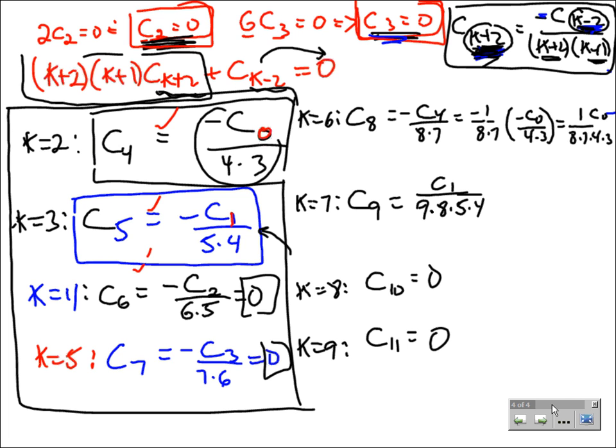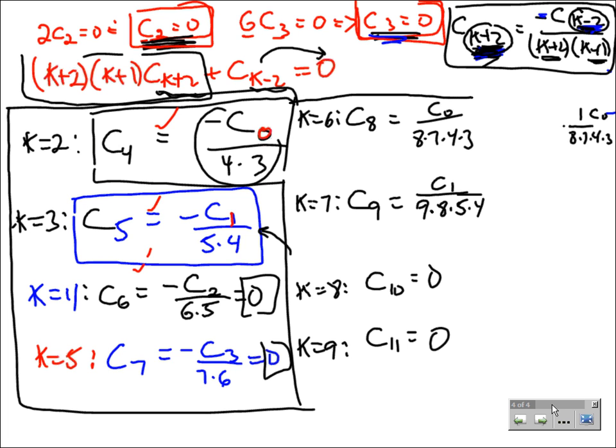Now, I want to move over C sub 8. This is equal to C sub 0 over 8 times 7 times 4 times 3. And that's another group of 4.